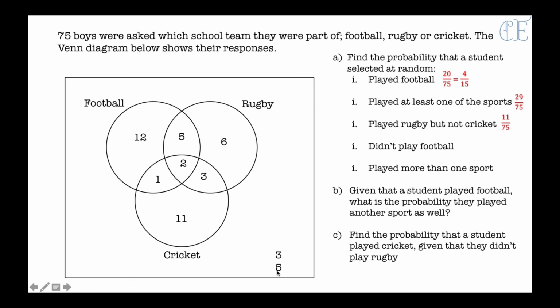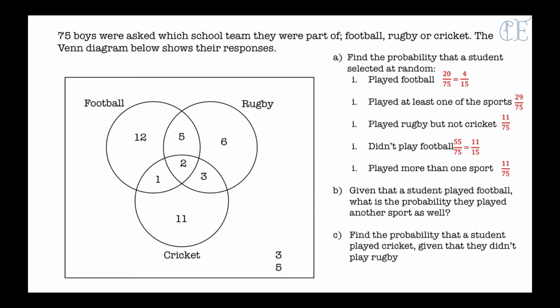Then we add the 35, giving us 55 over 75, which can be cancelled down to 11 over 15. So what is the probability that somebody played more than one sport? Playing more than one sport is anything inside any of these overlapping rings. Adding all of those together gives us 11 out of 75.